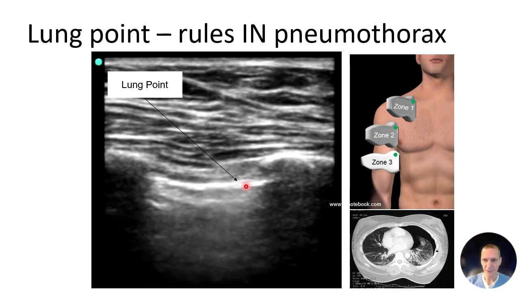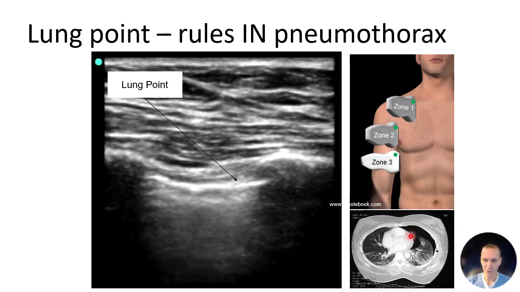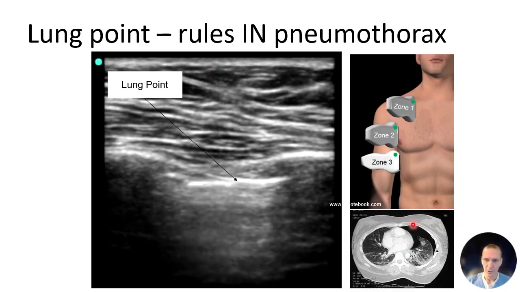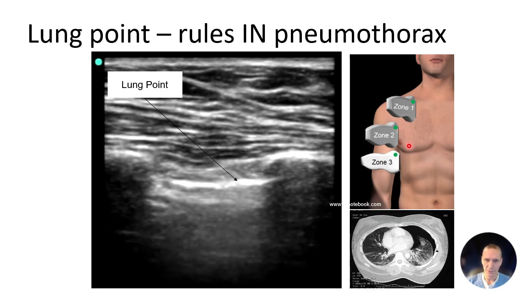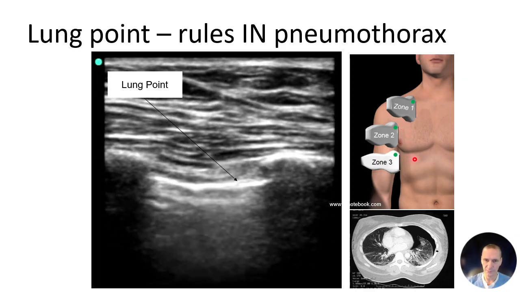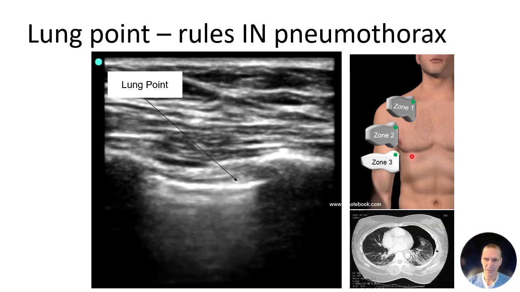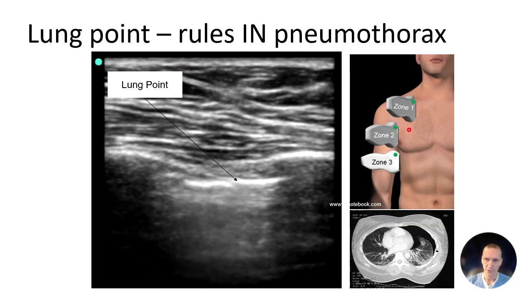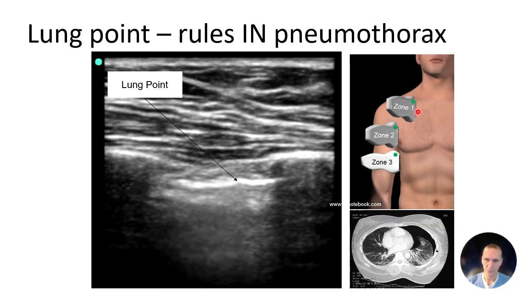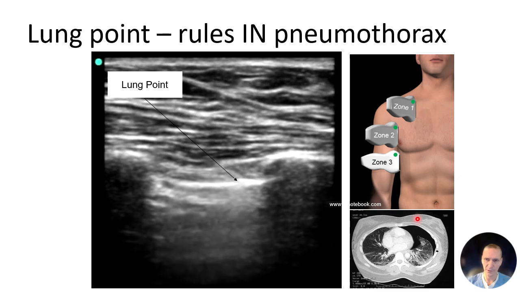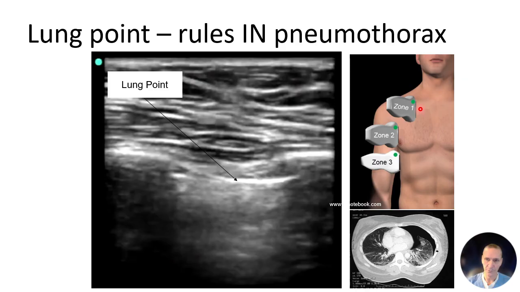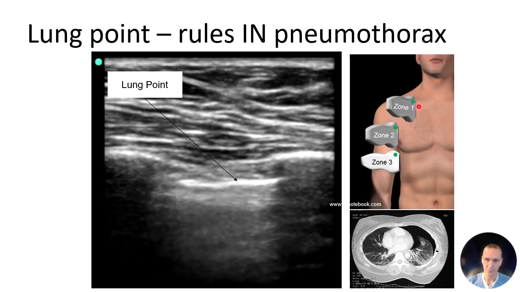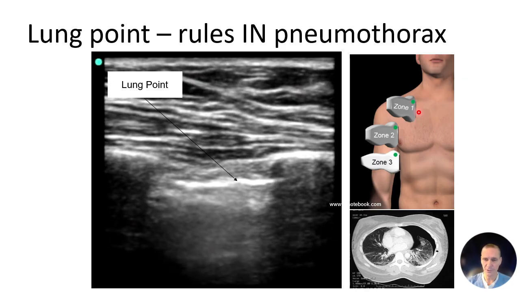However, if you're trying to quantify the size of a pneumothorax, you can use what are called zones. Now, these zones are labeled differently in different textbooks, but the concept here is what's important. So if you put the probe on the thorax up here and there's no lung sliding, you're going to ask yourself, well, first you're going to say, maybe there's a pneumothorax there.